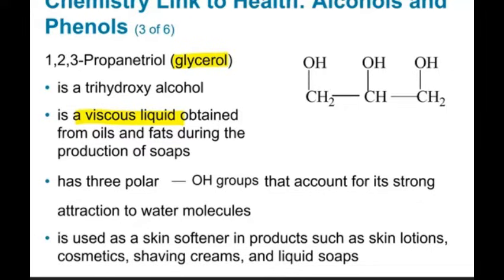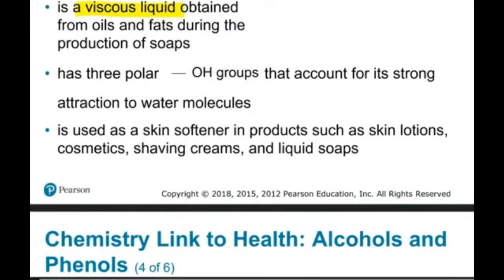Now, unlike ethanol that has only one hydroxyl group, it has 3. So, first of all, glycerol is not safe to drink, obviously. Don't. But it is used in many skin products.